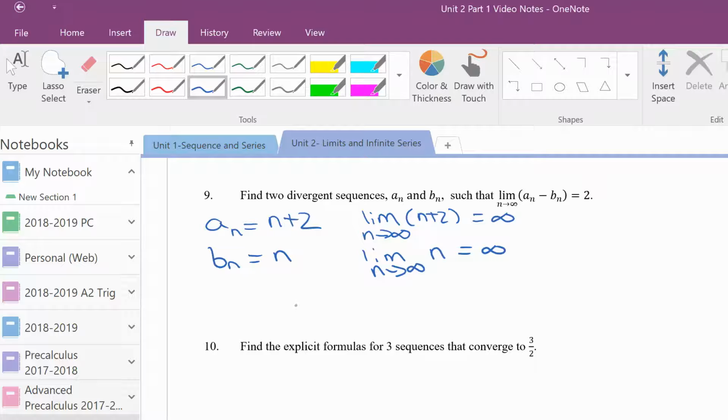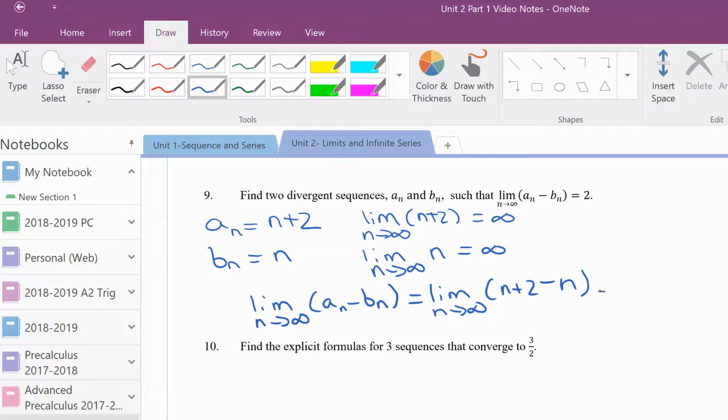However, if you took the limit as n approaches infinity of a sub n minus b sub n, that would equal the limit as n approaches infinity of n plus 2 minus n, which means it would be the limit as n approaches infinity of 2, which is 2.